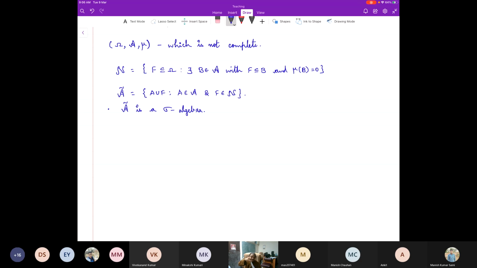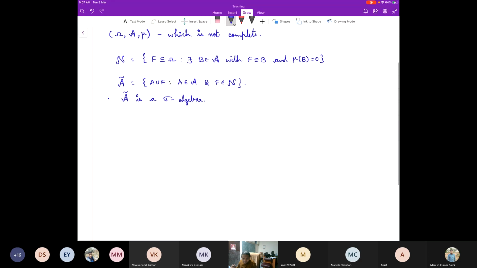Now what we wanted is the next one. We wanted a measure. So how to define a measure? Define mu tilde from A tilde to [0, infinity] as mu tilde of A union F. So what is it that we wanted from mu tilde?